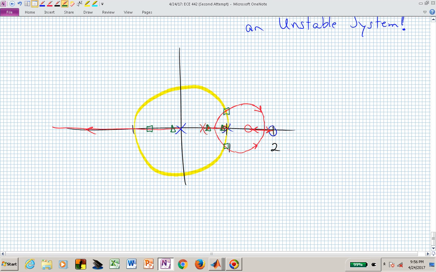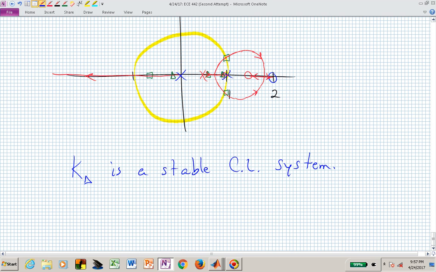But now what we can see, I hope, is that at the triangles, let's say the gain to get us to that triangle, which isn't going to be very big, we're going to be restricted to having our gain less than the box value of gain. This K triangle is a stable closed loop system.